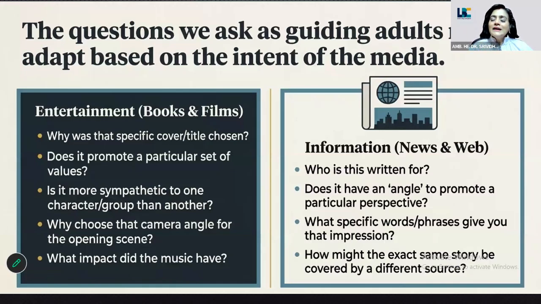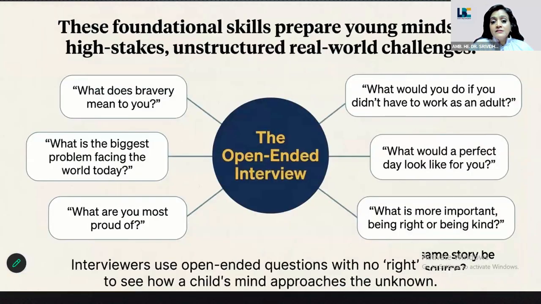And also any kind of entertainment, books, asking adults to adapt the situation from the intent of the media, etc., such that we have an approach of open-endedness, such that we are able to take these high stakes of unstructured real-world challenges. So if you make your child or a student think in this way, definitely they will be successful.